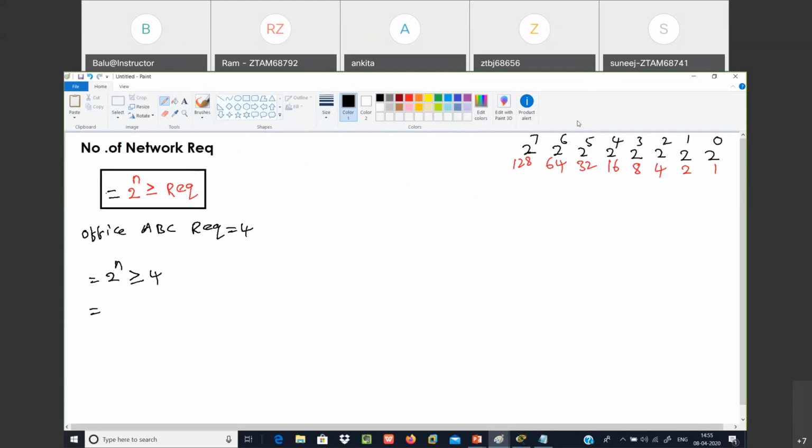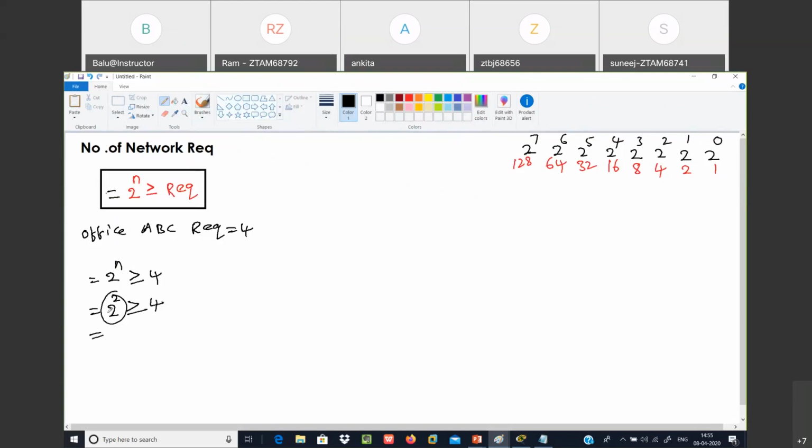Which n value will be satisfied here? 2 power 0? No. 2 power 1? No. 2 power 2 will be satisfied. So 2 power 2 is greater than or equal to 4.